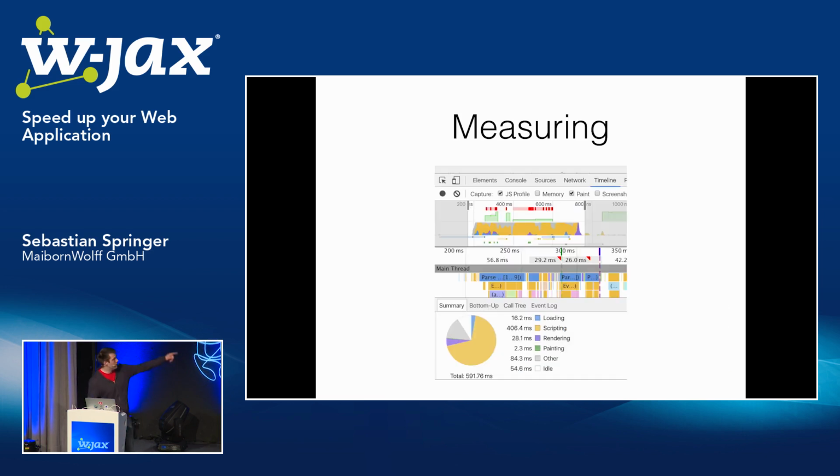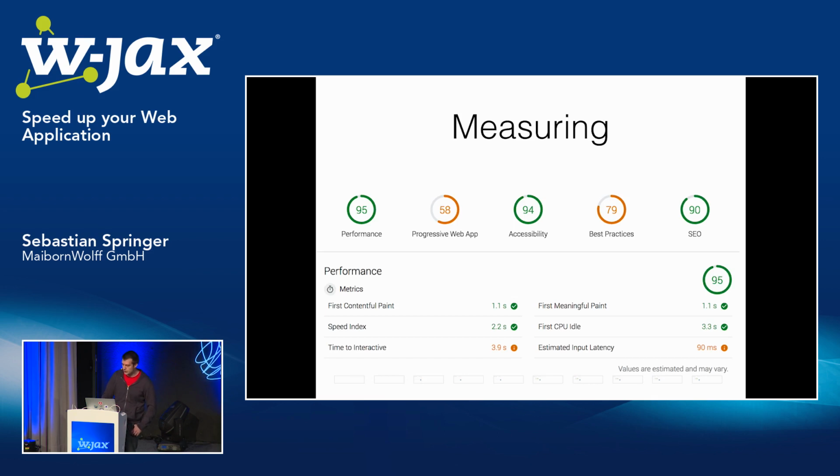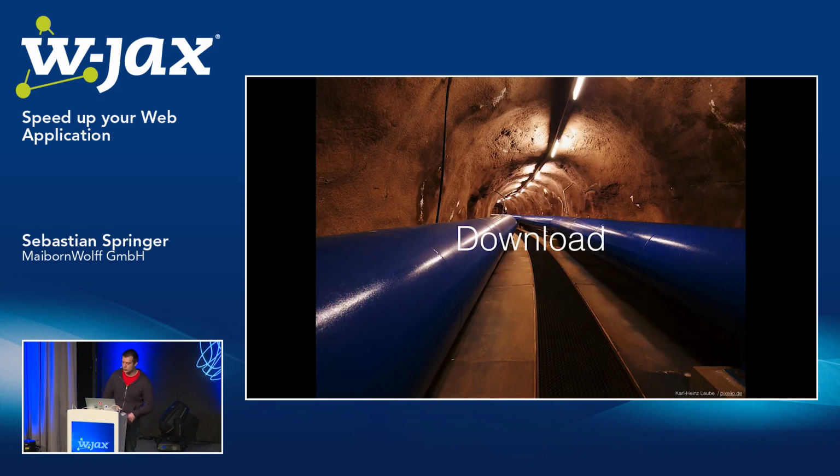So you remember this one, and the first part of the critical rendering path is the loading section, so the blue one, which is in this case not that much. But the first part of the process we have a closer look at. The browser receives the URL of our application, and then it goes to the server and asks the server, "Dear server, please give me the resources I need to display the page."